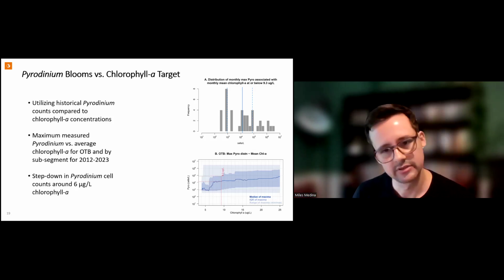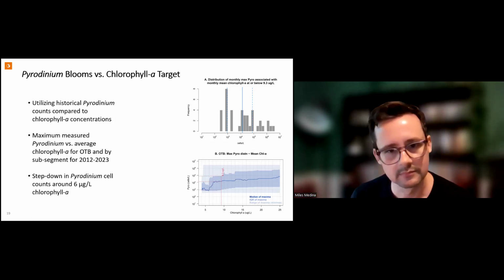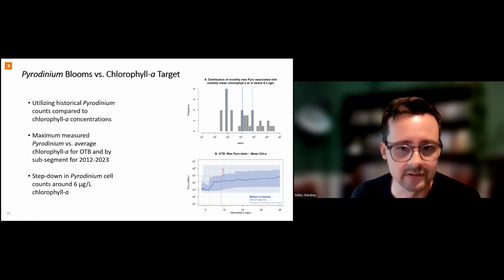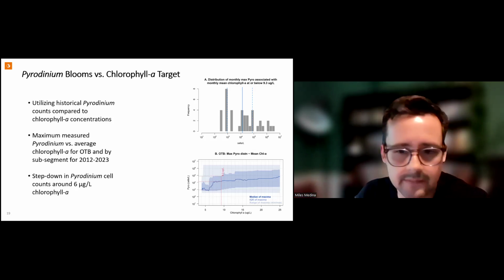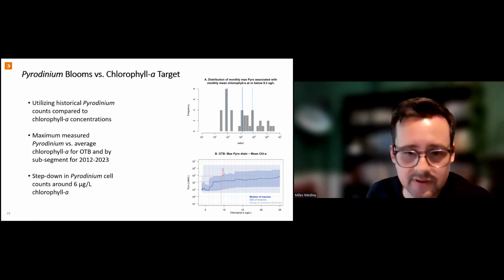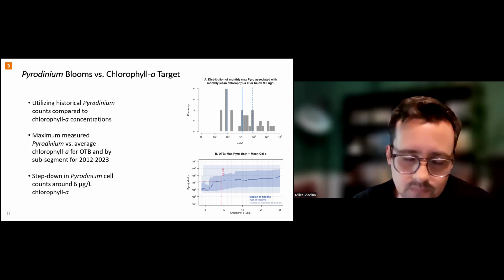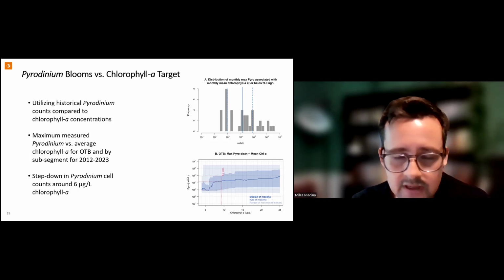So this is just a coarse overview, a first look at what neighborhood we might be talking about for reducing the chlorophyll target.